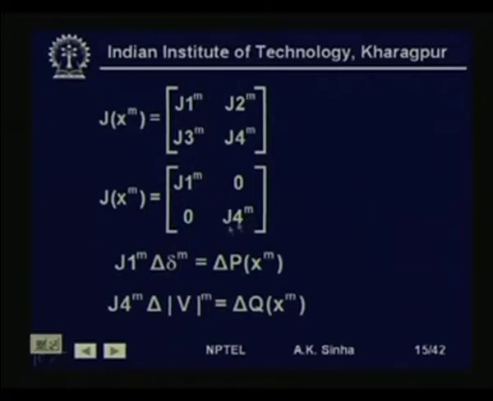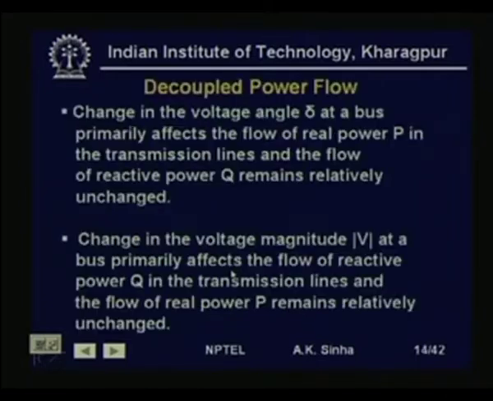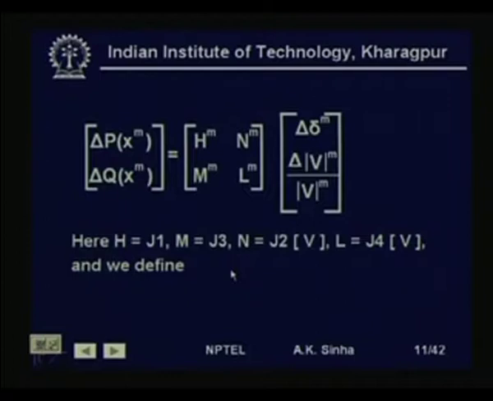If that is the case, then we have the equations written as J1 delta delta equal to delta P. That is, if we look at this equation, since we have made these submatrices 0, delta P is equal to H into delta delta, or J1 into delta delta, and delta Q is equal to L into delta V, or sorry, J4 into delta V, or L into delta V by V.